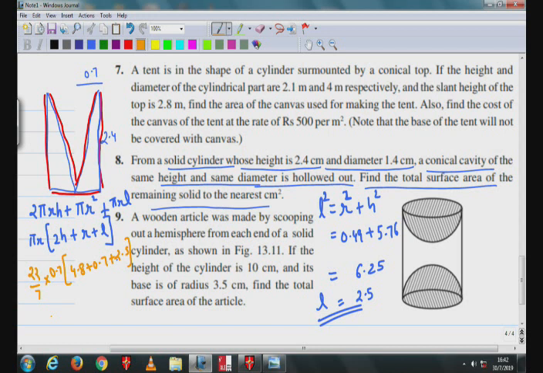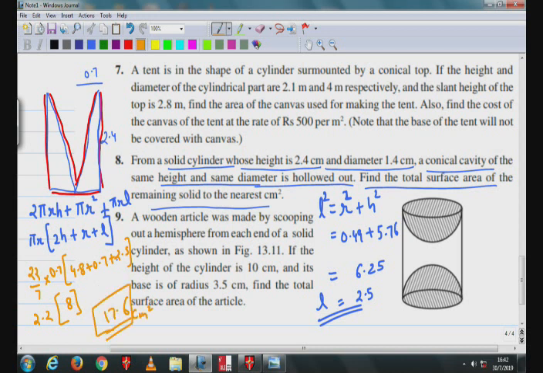And if we add these values, 2.5 plus 0.7 is 3.2, and 3.2 plus 4.8 will be 8. So 2.2 into 8 we have to do. So it is 17.6 centimeter square.